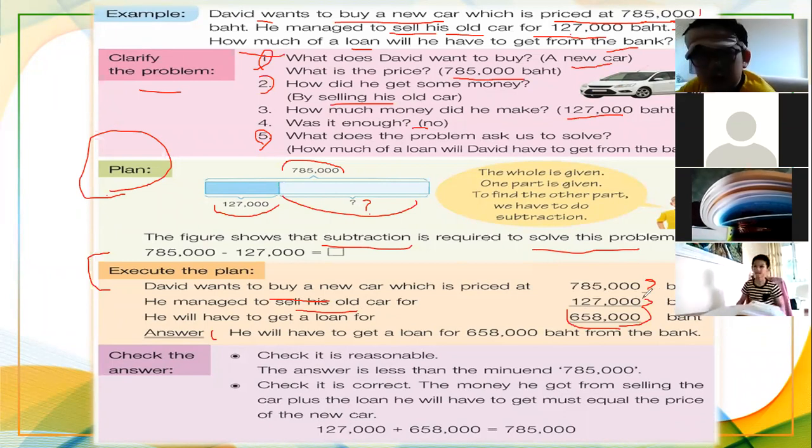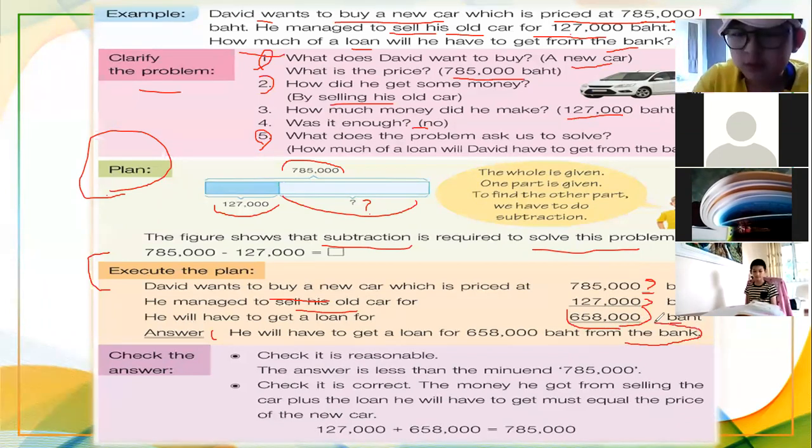So what are we going to do? We're going to do subtraction. We will minus 127,000 from 785,000. So the remaining he needs more is 658,000 baht to buy the car. So this amount he will get from the bank. From the bank he is going to loan. Okay, students, this was very simple.